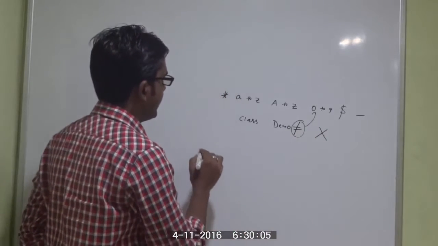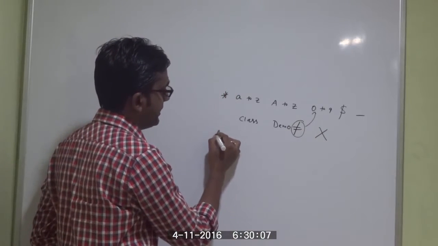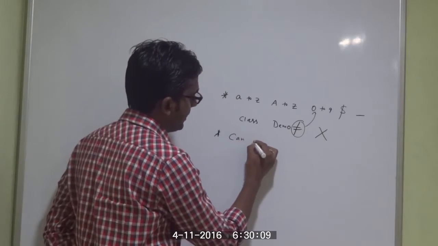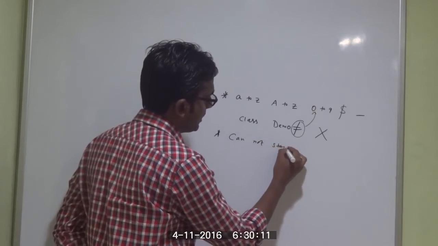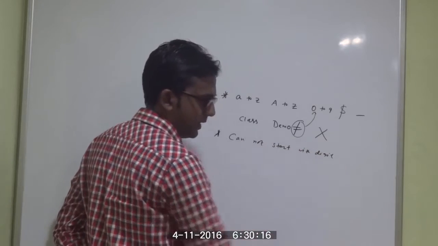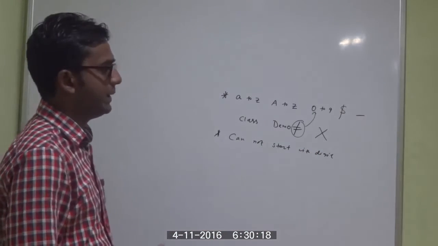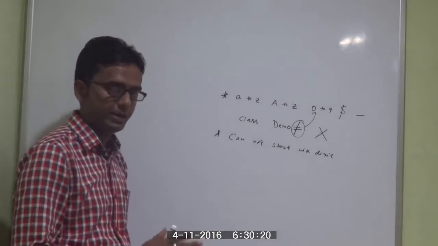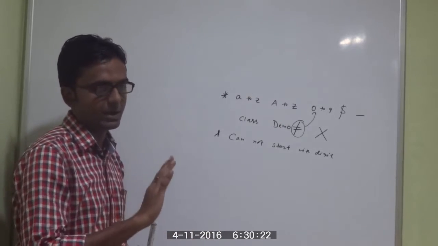Second rule is that your identifier name cannot start with a digit. Your identifier may contain a digit, but your identifier name cannot start with a digit.